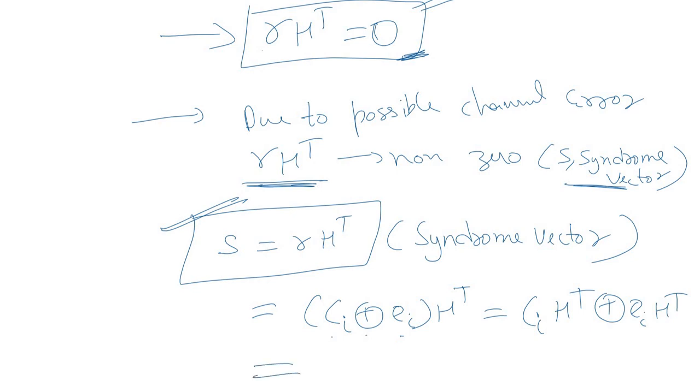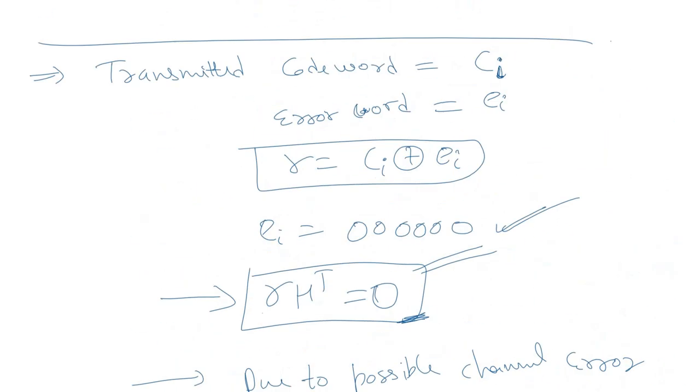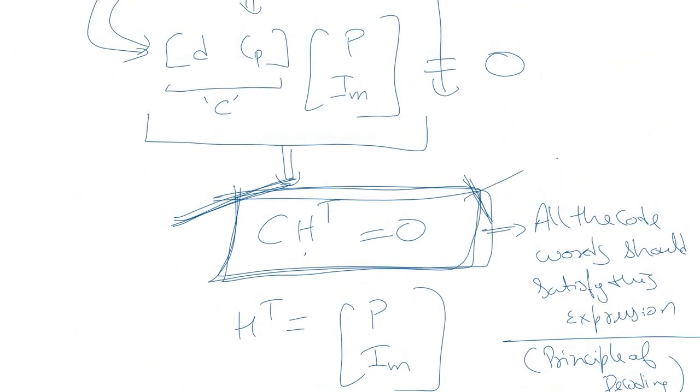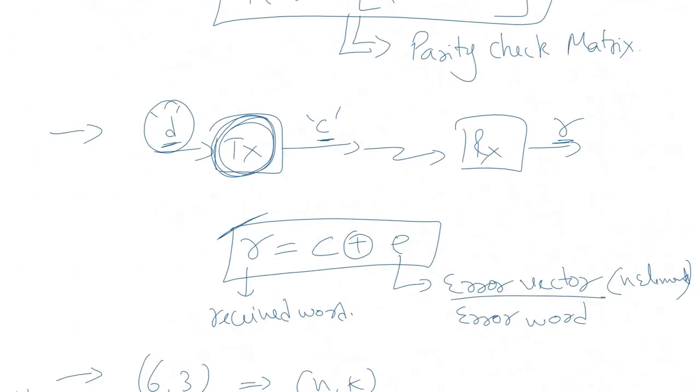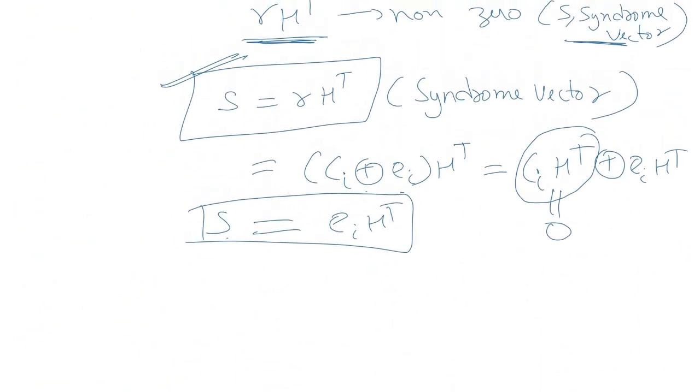Because CI into H transpose is equal to 0, a property we have already derived at the start of this lecture, this term gets eliminated, and the syndrome vector gets reduced to EI into H transpose.